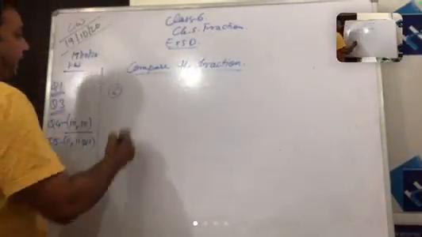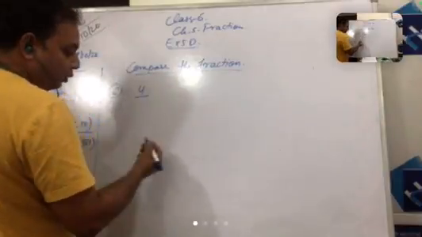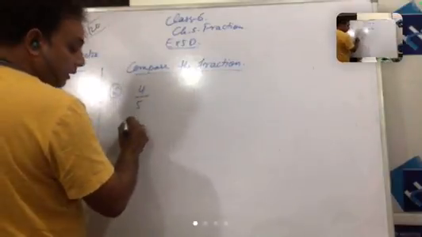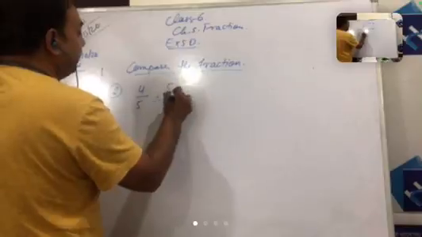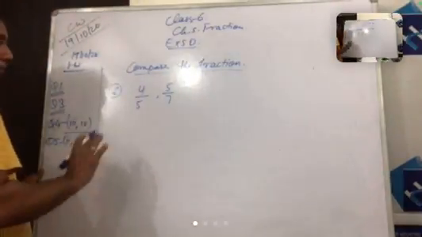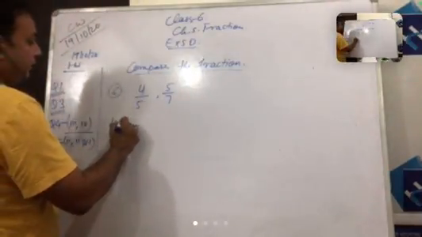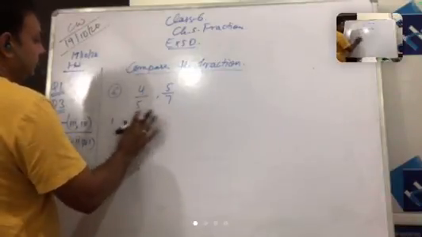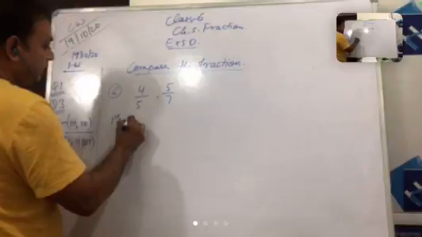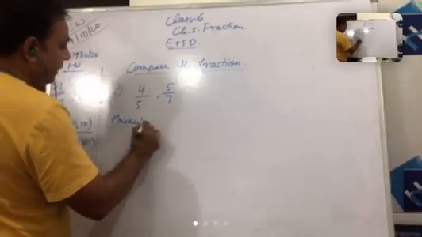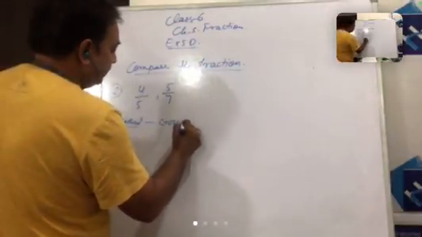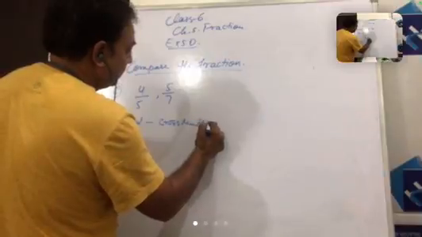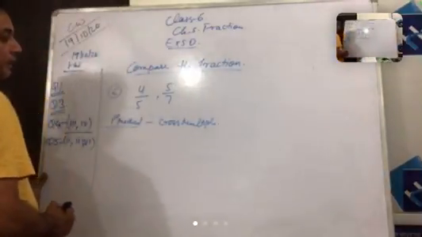We compare the fractions by two ways, 4 upon 5 and 5 upon 7. The first method is by cross multiplying.